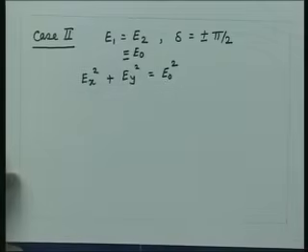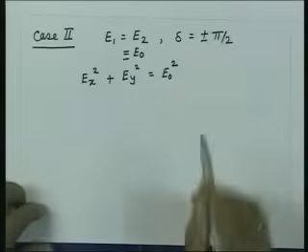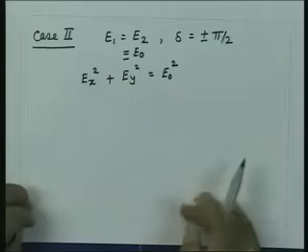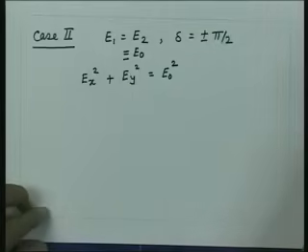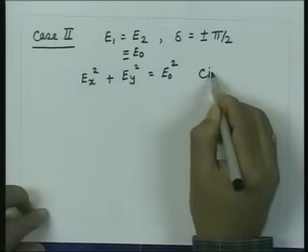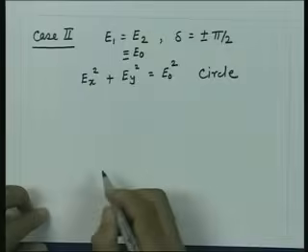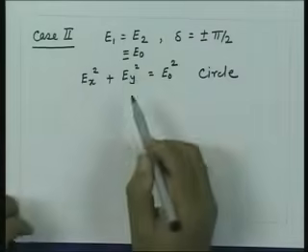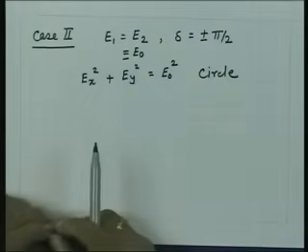So, in this special case when the two amplitudes are equal and when the phase difference is plus minus pi by 2, the general equation of ellipse reduces to equation of a circle. So, this is a circle and that is the reason this state of polarization is called the circular polarization.